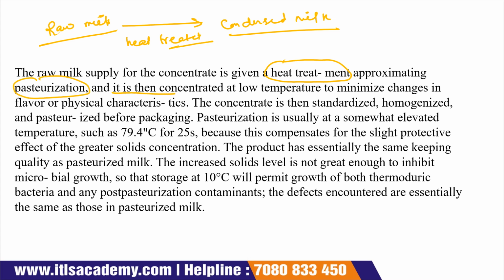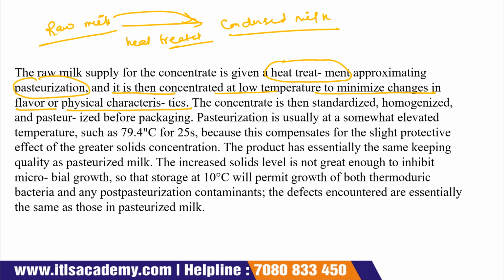And it is then concentrated at a low temperature to minimize the changes in flavor or physical characteristics. First of all, before converting this raw milk into a condensed milk, we have to pasteurize it. Then after pasteurization, we maintain the low temperature when it is converted into a concentrated milk or condensed milk, so that there are minimized changes in flavor or physical characteristics.